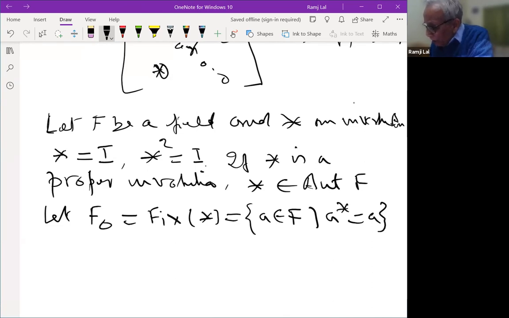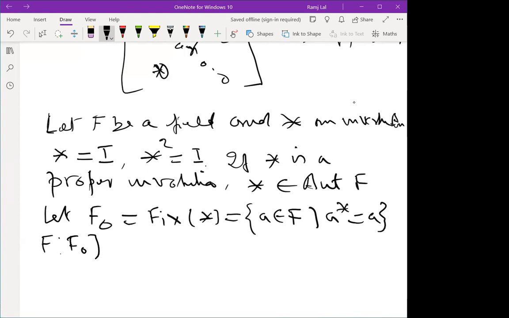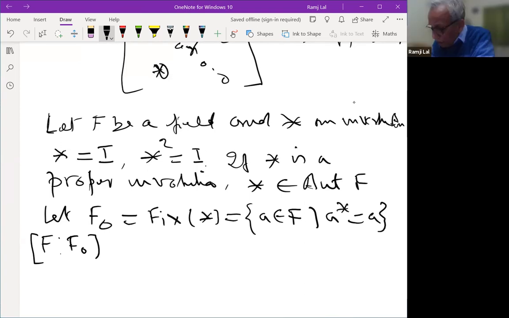So the fixed field is the fixed field of an automorphism subgroup of Aut F of order 2. Therefore, if we use a little bit of Galois theory here, F can be considered as a vector space over F naught, and its degree will be 2. This is actually a more general fact.